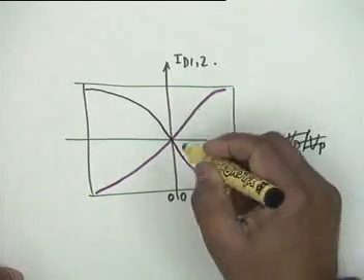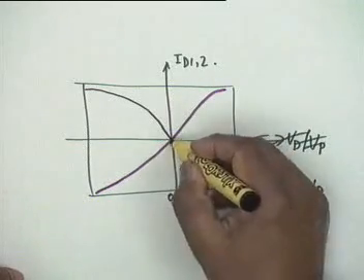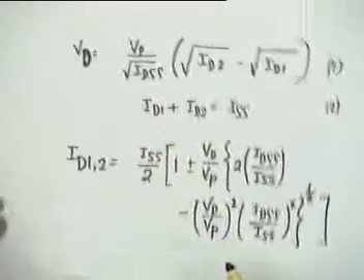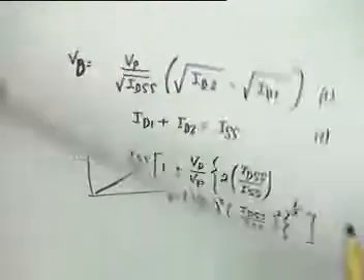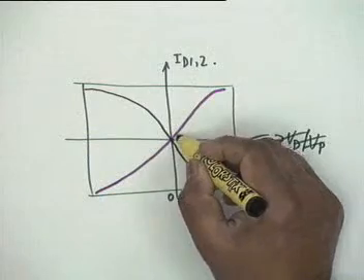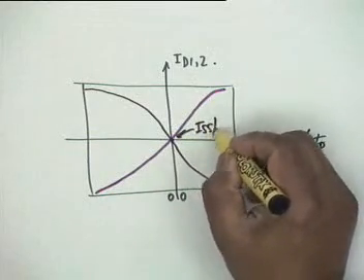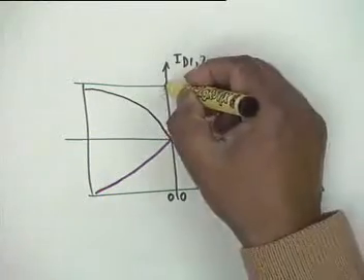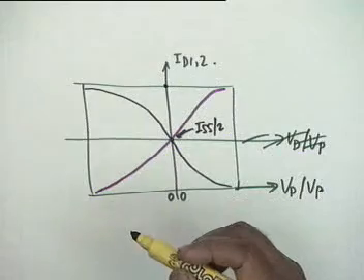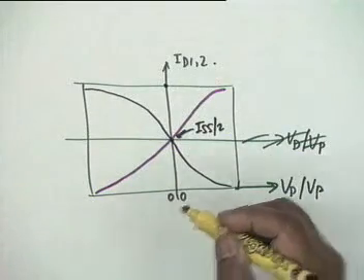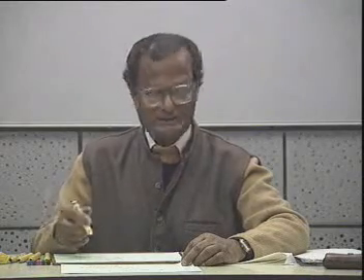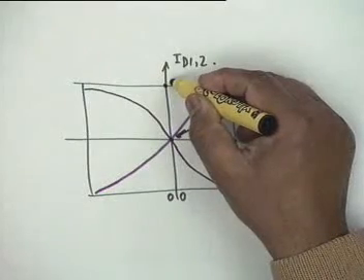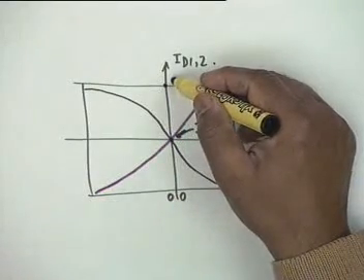This is ID, and at VD by VP equal to 0, as you can see from this expression, it is exactly ISS by 2. So this current is ISS divided by 2. The maximum is obviously ISS, and if we assume ISS as IDSS, then this current is exactly ISS.